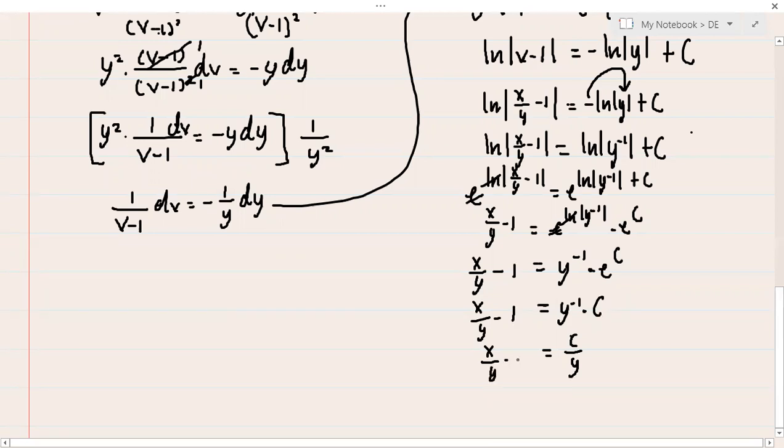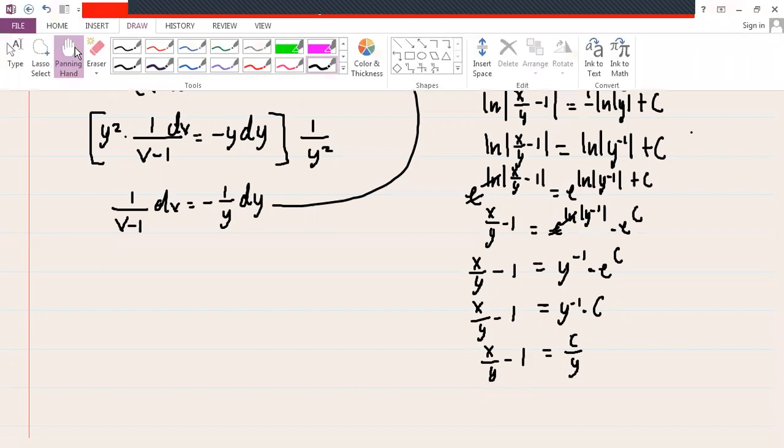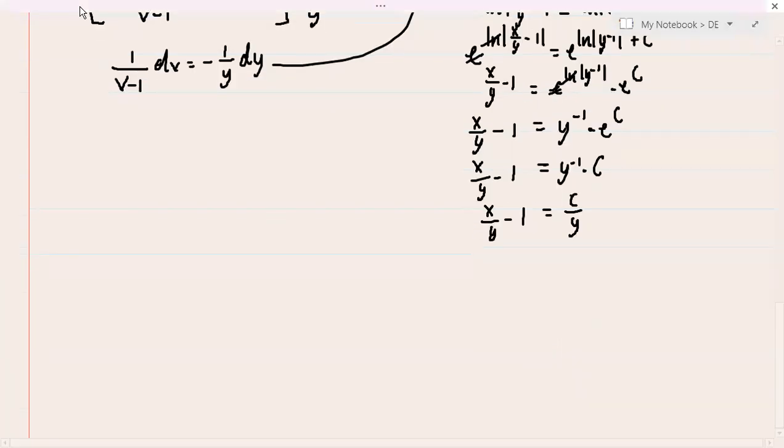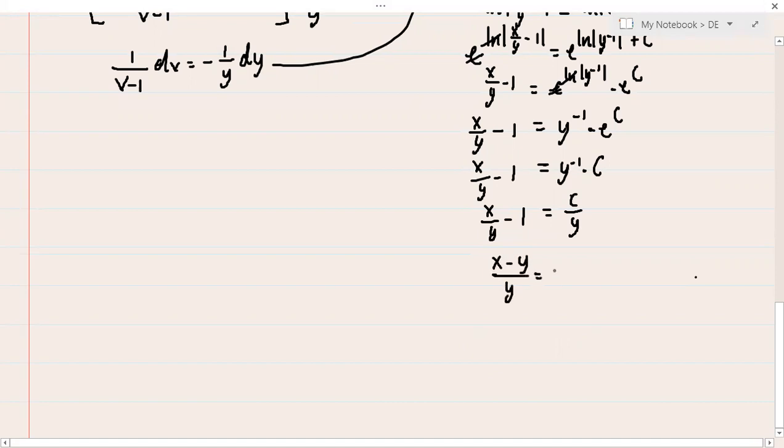Ayan. There you go. Then, gawin mo tong as a whole fraction. So, by making it into a whole fraction, yung ginawa ko nung sa last video, yung method ng pag-convert ng mixed fraction into improper fraction, magiging x minus y all over y is equal to c all over y.